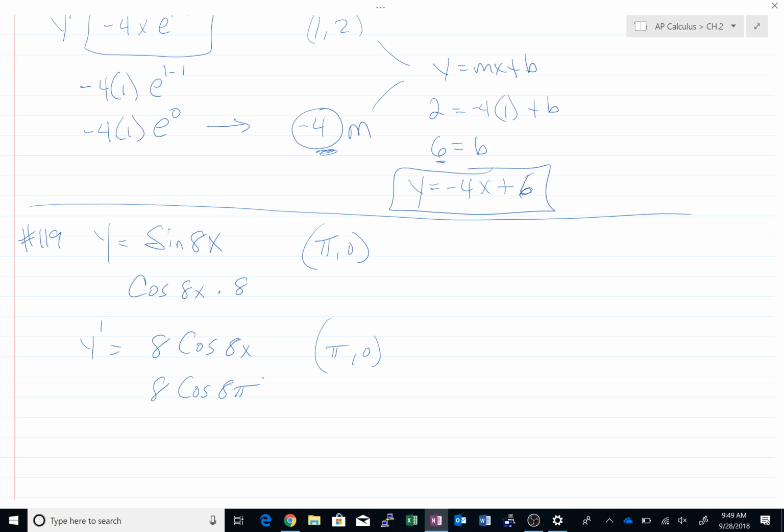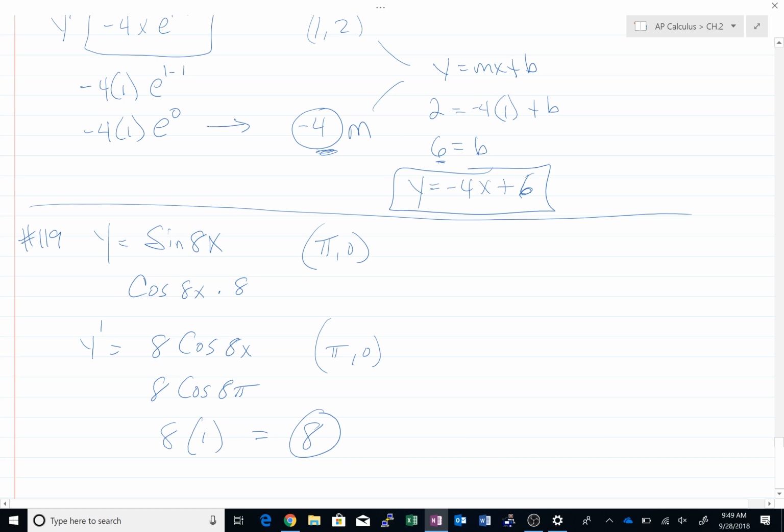Remember, all odd multiples of pi are over on the 180 side, and 0, pi, 2 pi, 4 pi, 6 pi, 8 pi is always to the right. So what is cosine of 0 or 8 pi? 1. Thank you. Good job. All right, so 8 cosine of 8 pi is 8 times 1. So therefore, 8 is our slope.